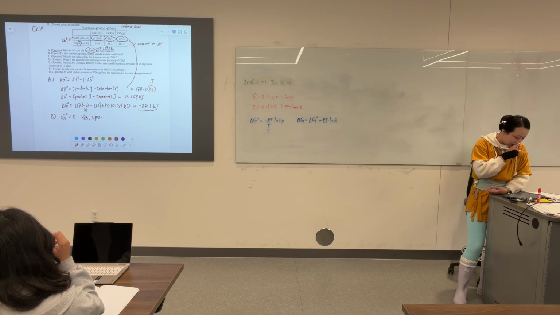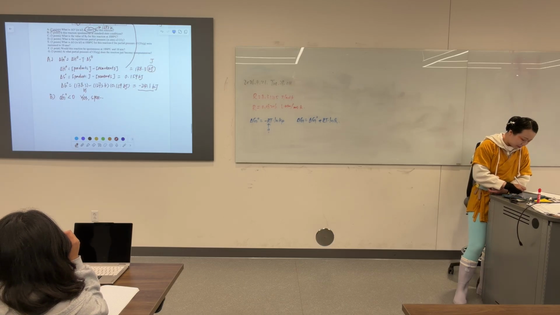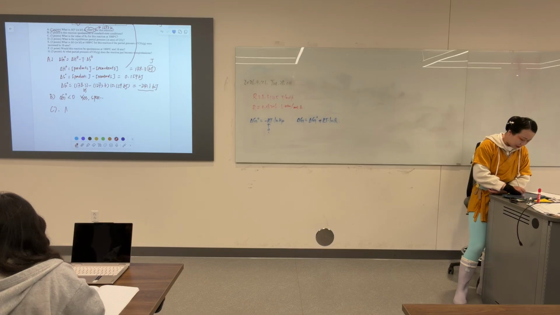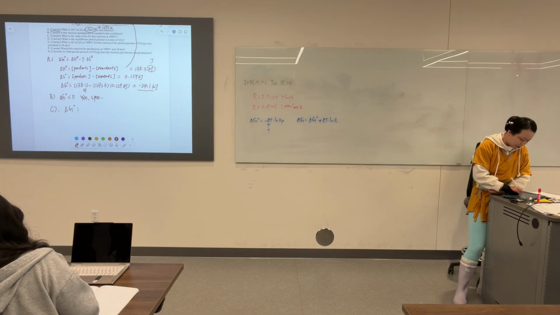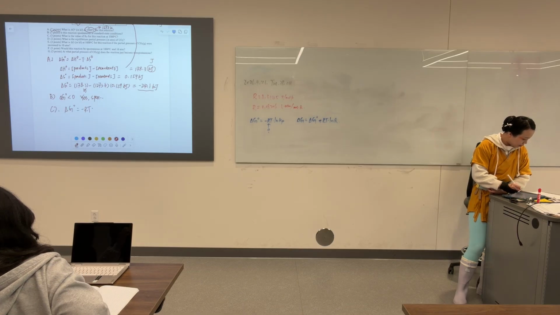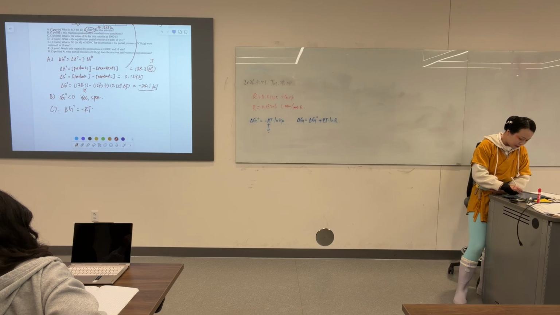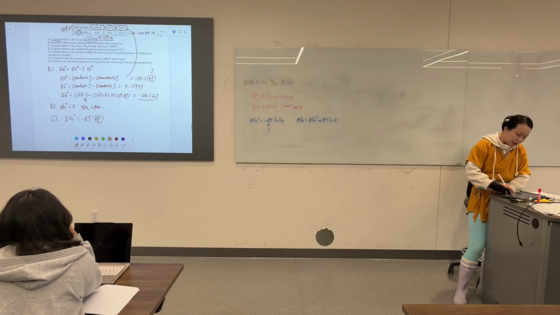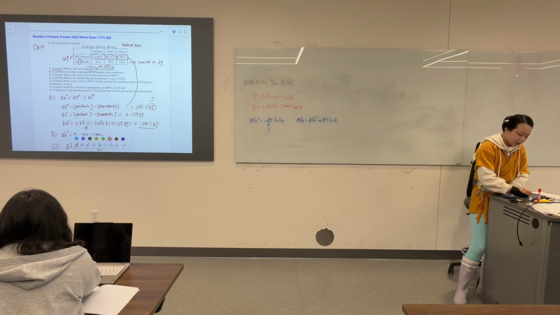Yes. Okay, alright, part C. We'll have delta G equals minus RT ln Kp, right? You may wonder why this one is P. In this scenario, the solids count as 1.